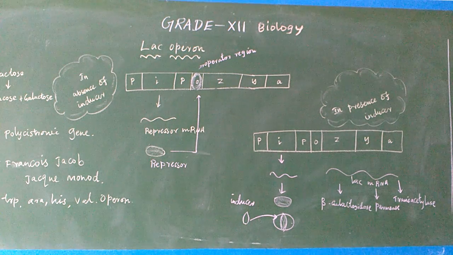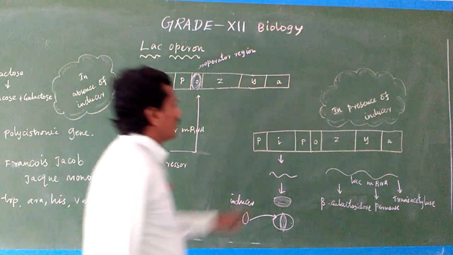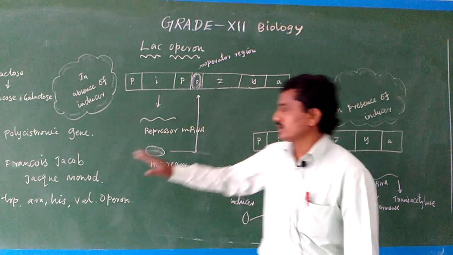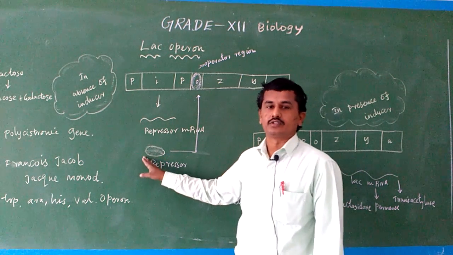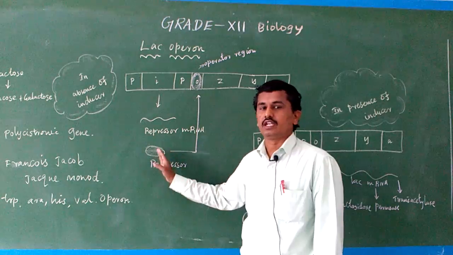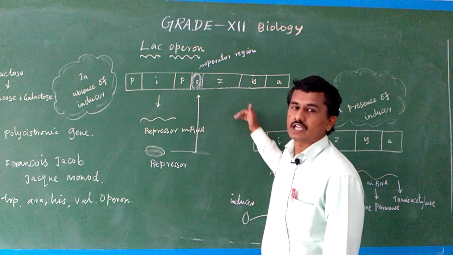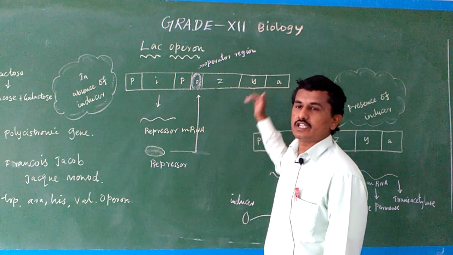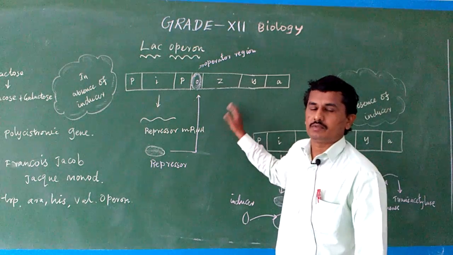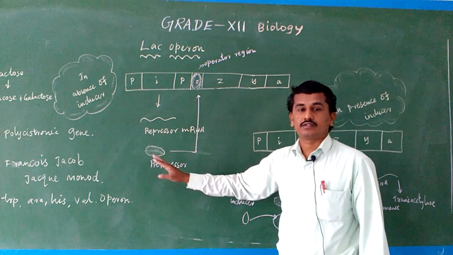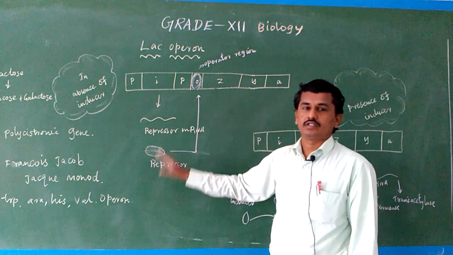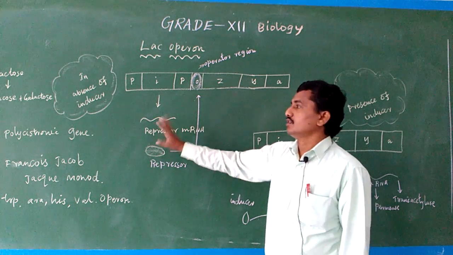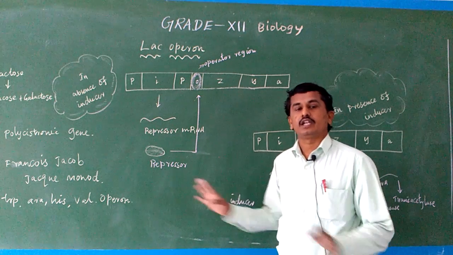So next part: in the presence of inducer. In the first situation lactose is absent. So if lactose, the inducer, is absent, the transcription and translation of the Z and Y genes do not happen. In the absence of lactose, the process does not happen: no transcription, no translation.